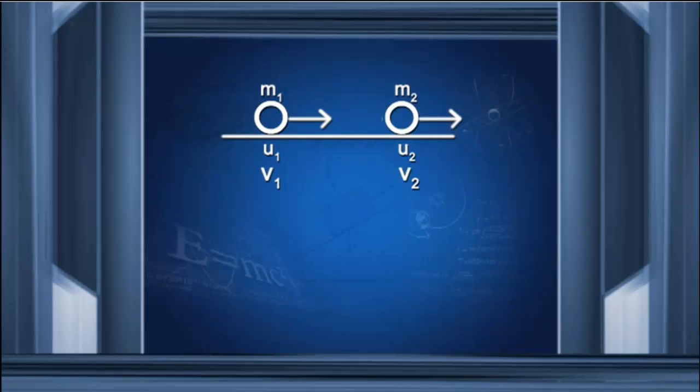Let us consider a special case. Special case 1, in which the masses of the two spherical colliding bodies are the same. It is not necessary that their initial speeds are the same.